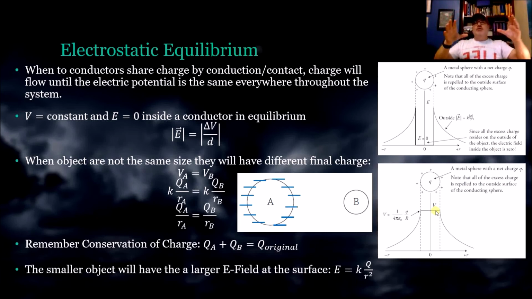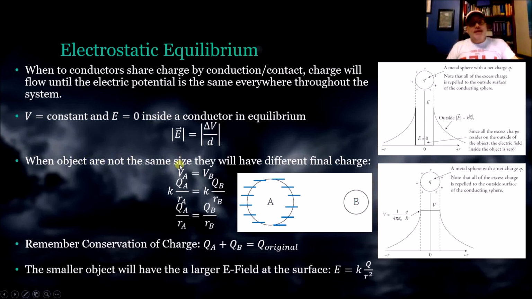The electric potential everywhere through that system of objects connected has to be the same potential, like 10 volts everywhere. And whenever we get that, then we have electrostatic equilibrium. Charges won't want to move anymore. So whenever this V is a constant, the electric field inside will also be 0, and we're in equilibrium, just like we have on the inside of this conductor here.